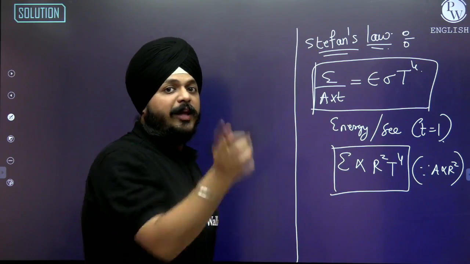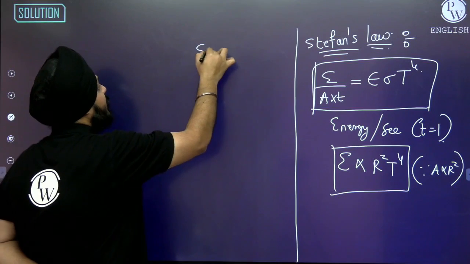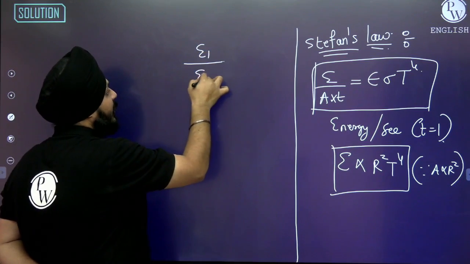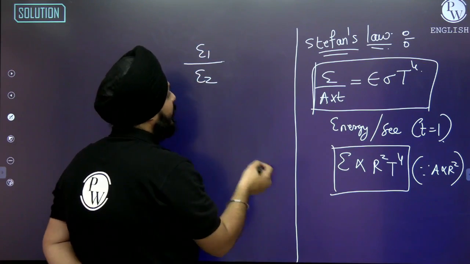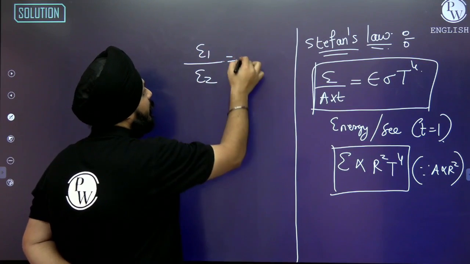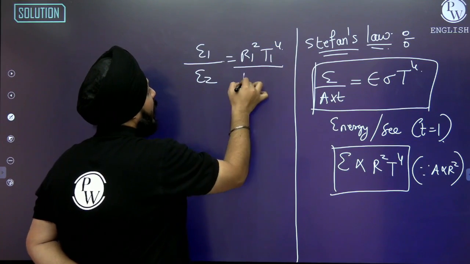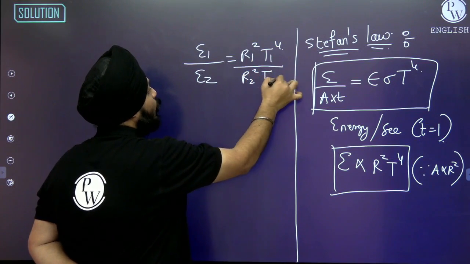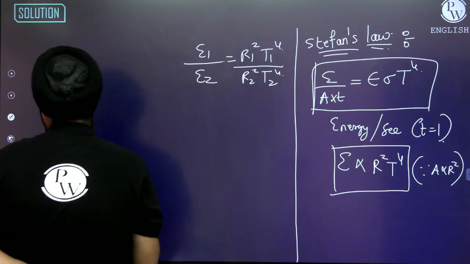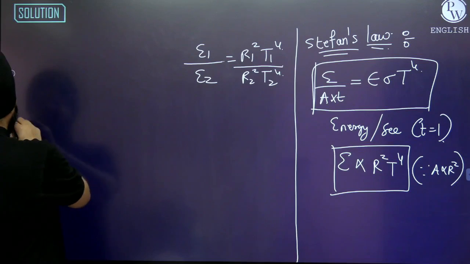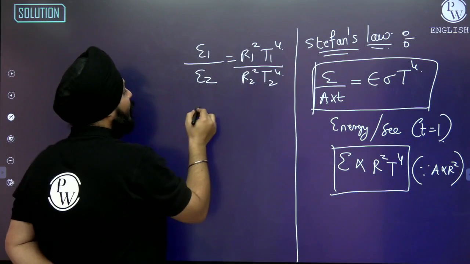Now see, previously energy was equal. After changing the parameters, energy got changed. So here it was R1 square T1 whole to the power 4, R2 square T2 whole to the power 4. Now the radius is changing from R to 2R.